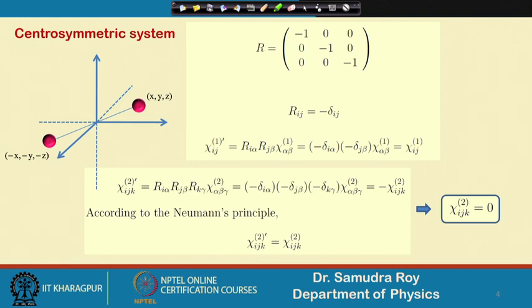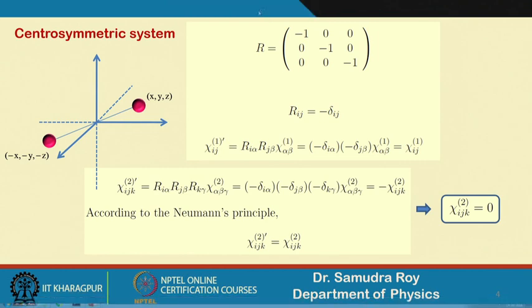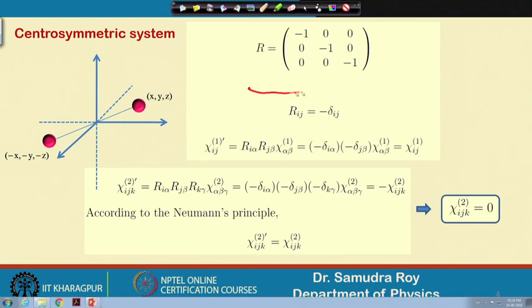Let me remind you once again how this rule works. If R is given like this, then every element R i j is nothing but a delta function, because only the diagonal elements are there, with a negative sign. So it should be minus delta i j.